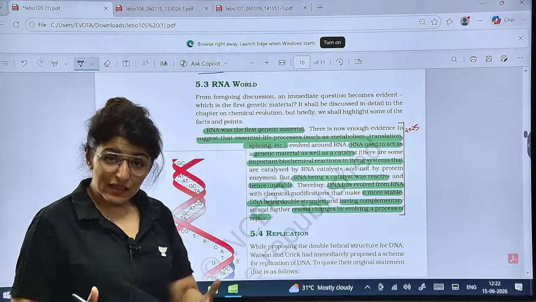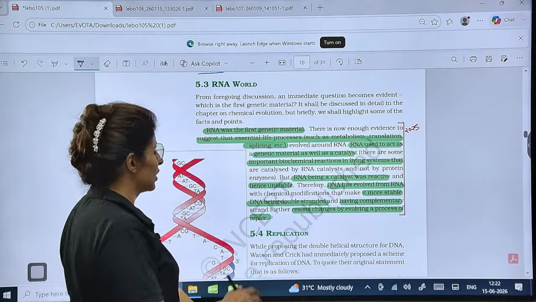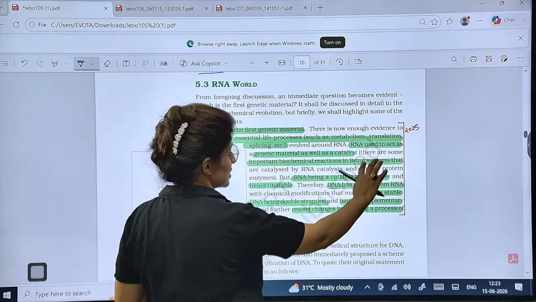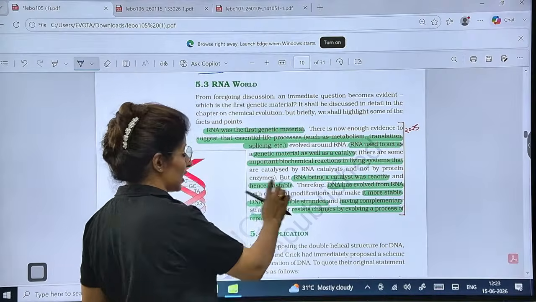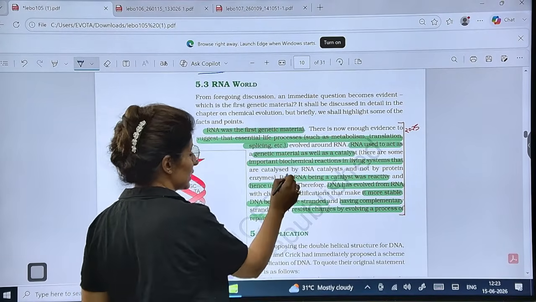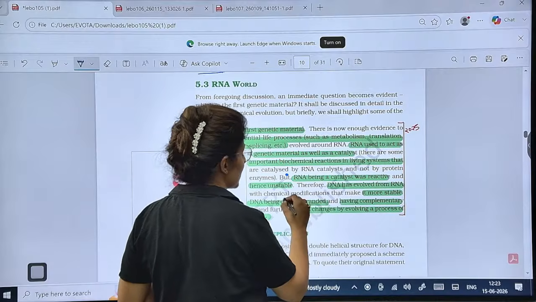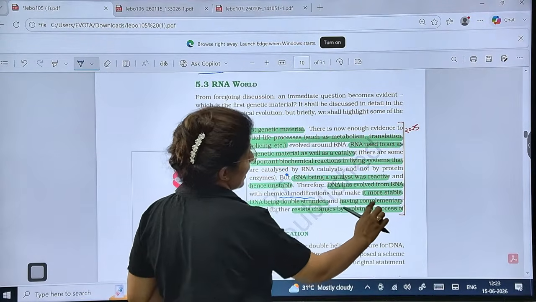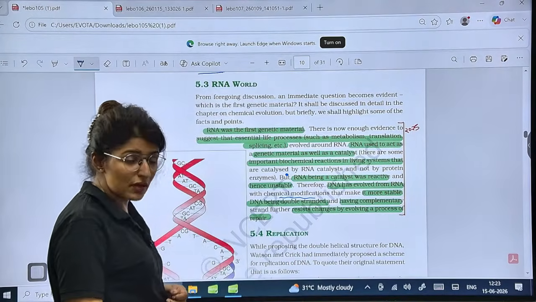Being a catalyst also provides it less stability and a more reactive nature, so RNA being a catalyst was reactive and hence unstable. DNA has evolved from RNA with chemical modifications which have made it more stable. DNA, being double-stranded with a complementary strand, resists changes by evolving a process of repair.